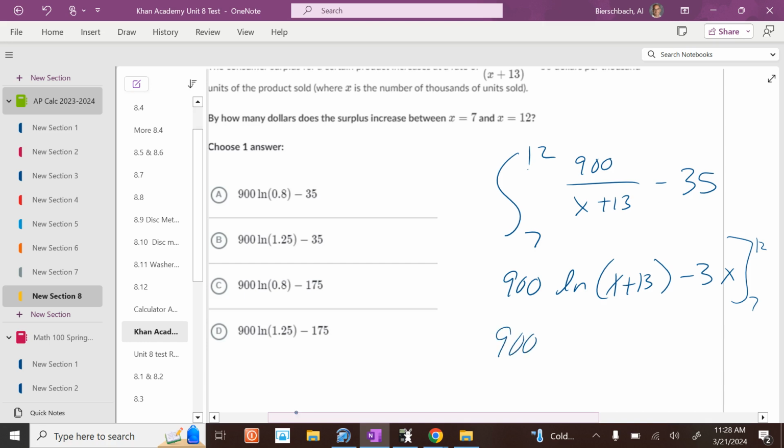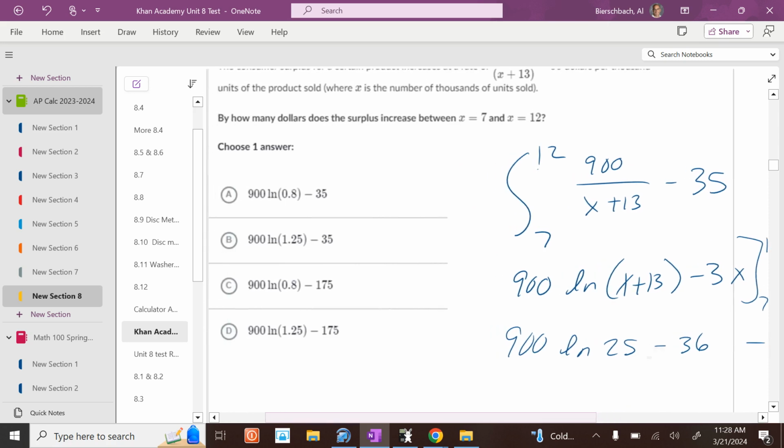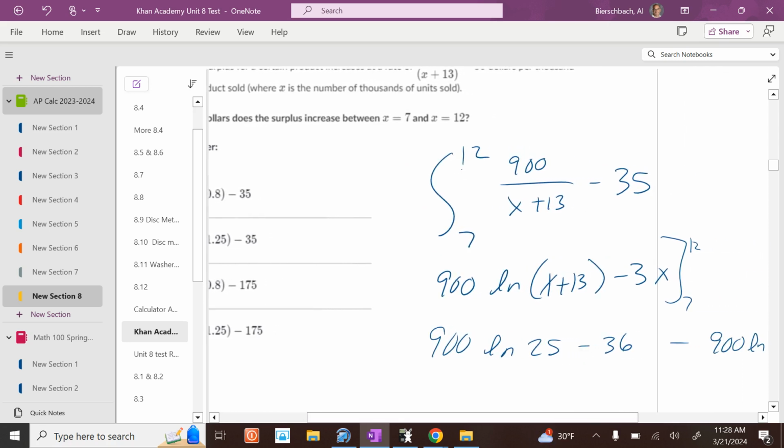So it's 900 ln of 25 minus 36 minus 900. Okay. What? 35 times 12 is a big number.